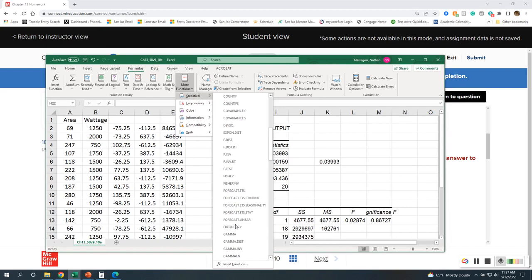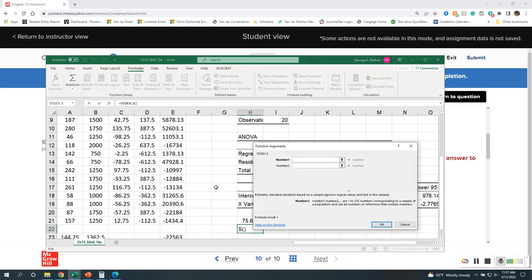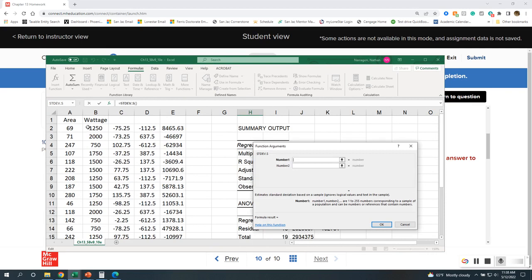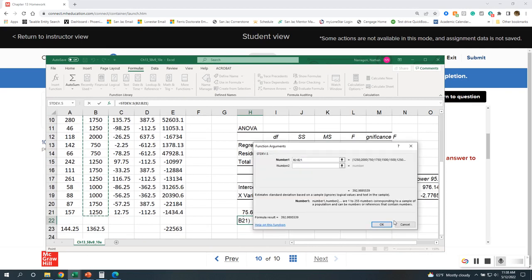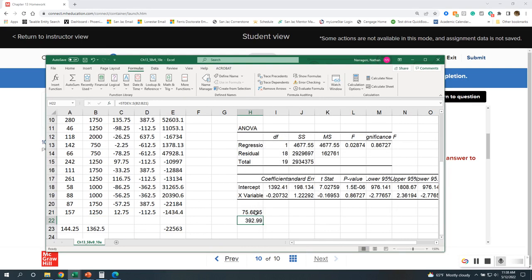So stats, standard deviation. Alright, so here are our two standard deviations, x, y.